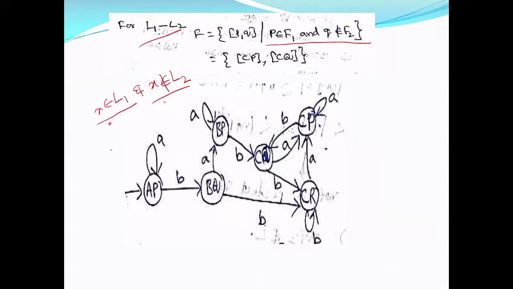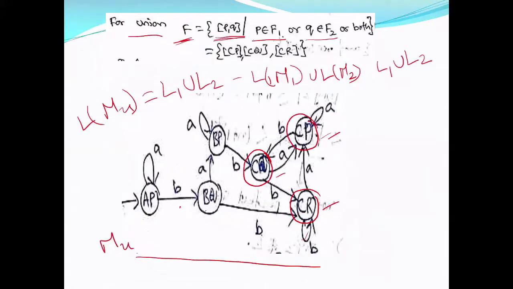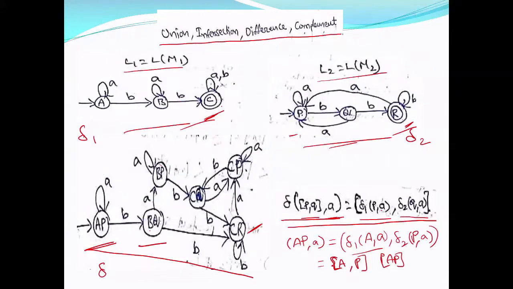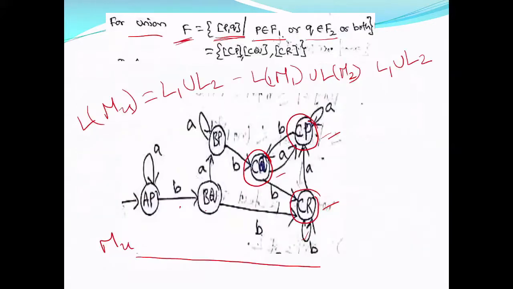If I look at this diagram, X should belong to L1, that is C. If you have more than one final state, then you have to take all those states into consideration. Now C is a final state, and the non-final states in M2 are P and Q. So I have to go for CP, then CQ.